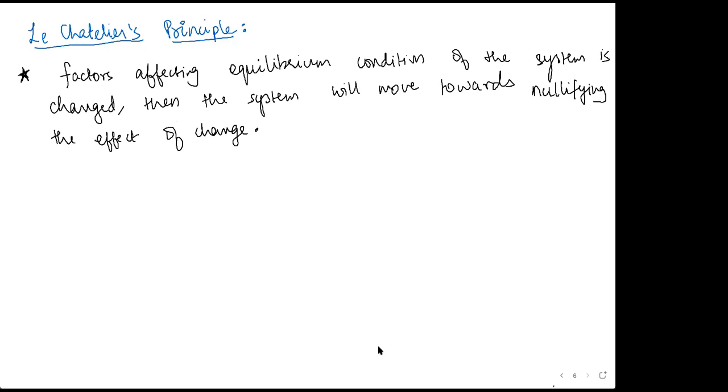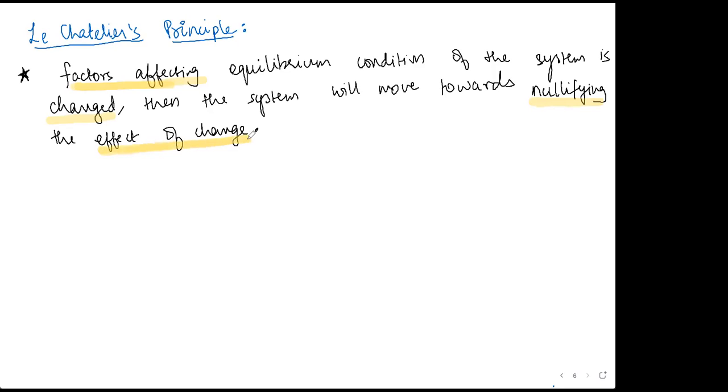So this is what Le Chatelier's principle states. The main thing you need to look out for is what factors are being changed, and then the system will move towards nullifying the effect of the change. You can predict it.